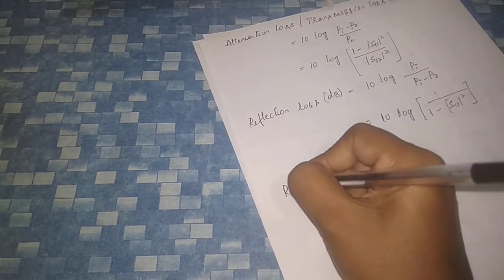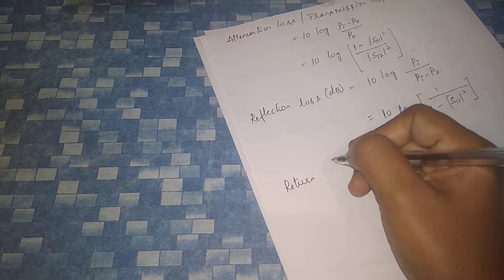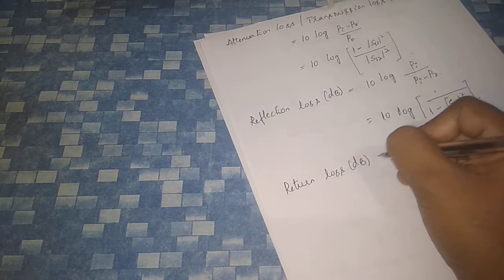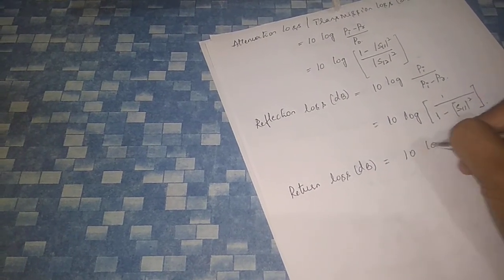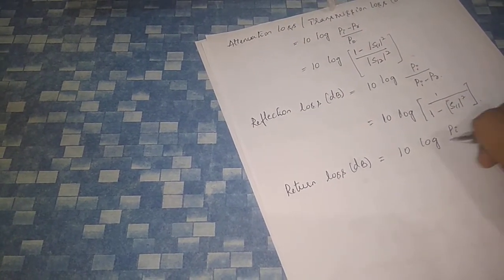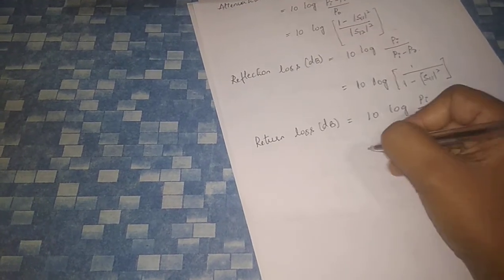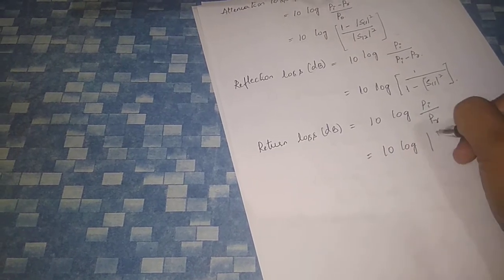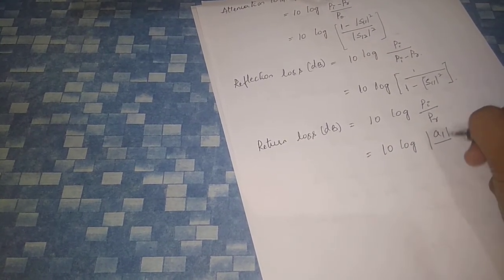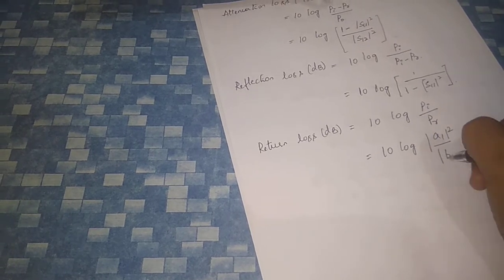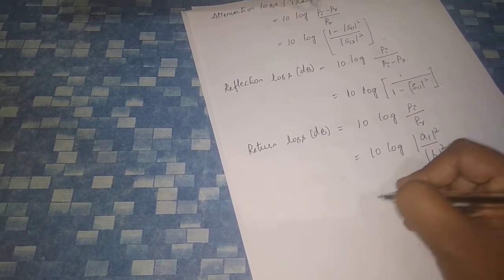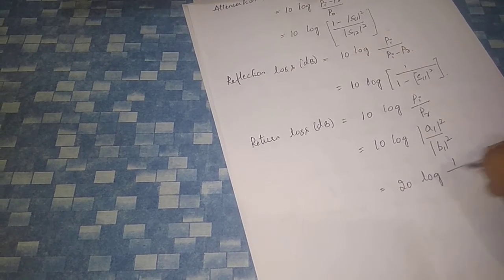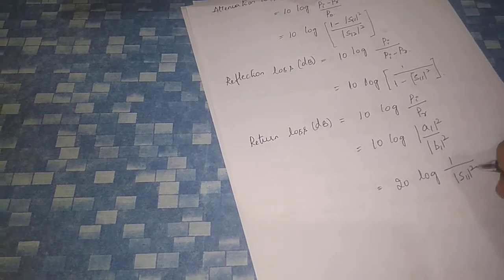And again you have return loss in dB. This is equal to 10 log Pi divided by Pr, which is equal to 10 log A1 square divided by B1 square, which will be given as 20 log 1 divided by S11.